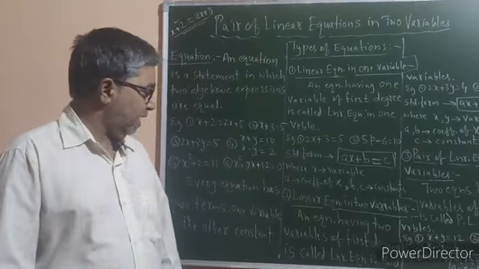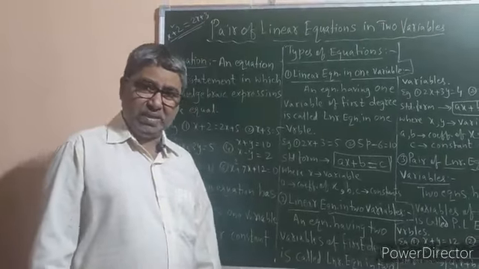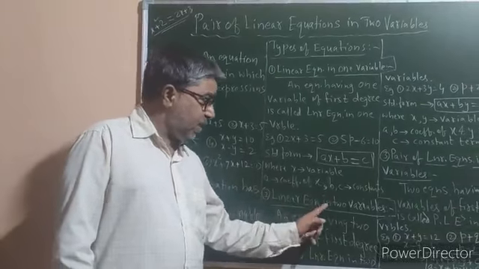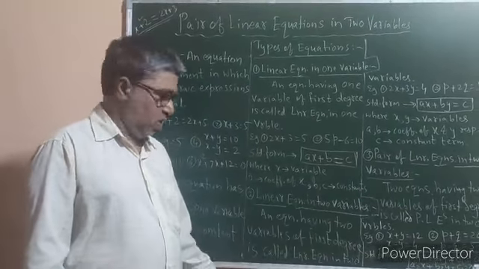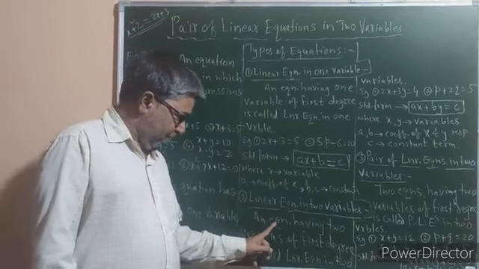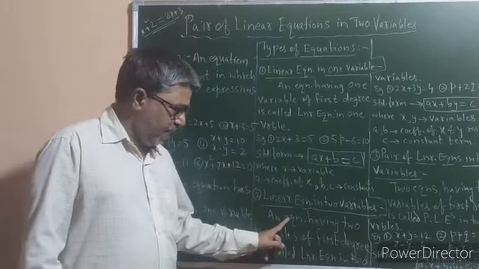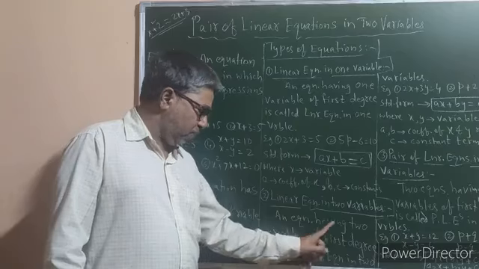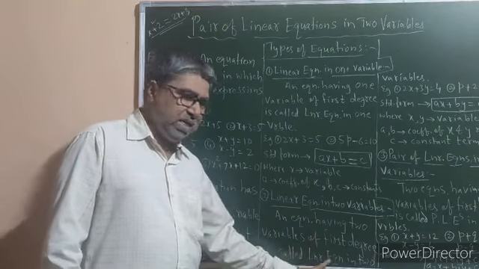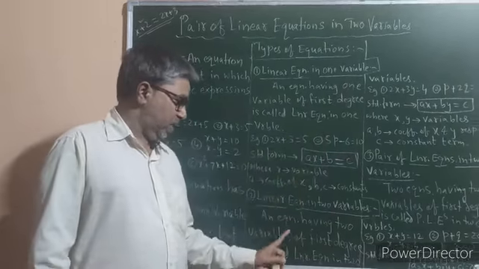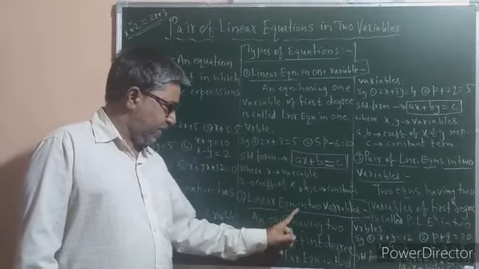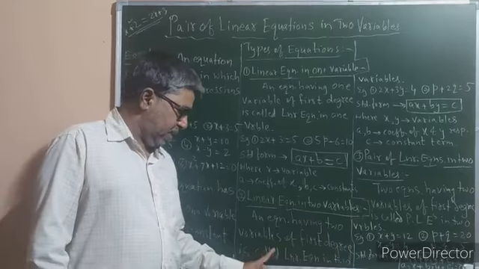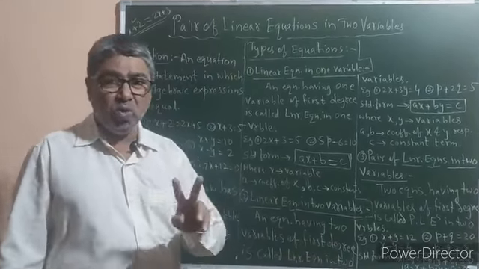Okay, now the second type of equation is linear equation in two variables, and the definition is an equation consisting of two variables of first degree is called linear equation in two variables, or in other words, an equation having two variables of first degree is called linear equation in two variables.